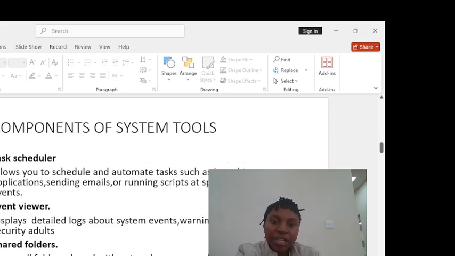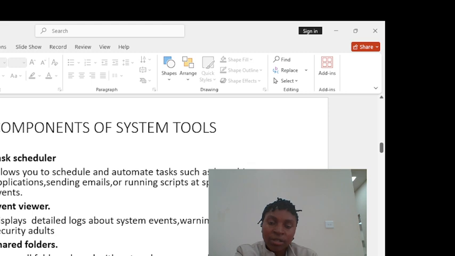We have the components of the system tools. They include Task Scheduler, which allows you to schedule and automate tasks such as launching applications, sending emails, or running scripts at specific times or events.